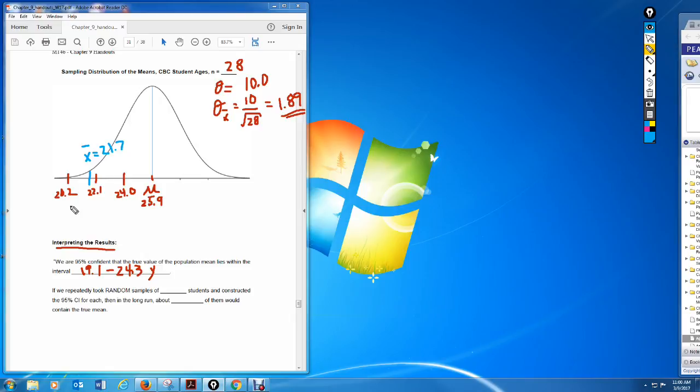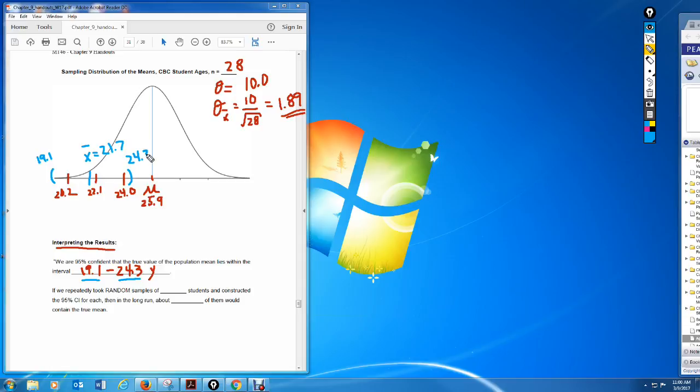Our lower bound on our confidence interval was 19.1. So that would be about here. Okay. And our upper bound was 24.3, which is about here. Okay.